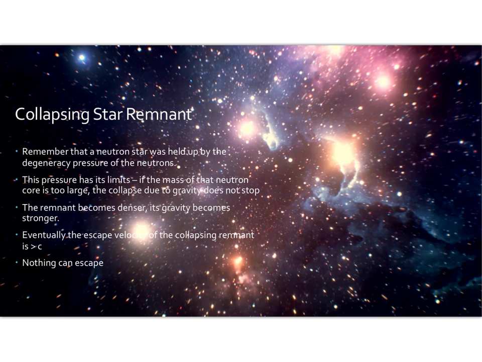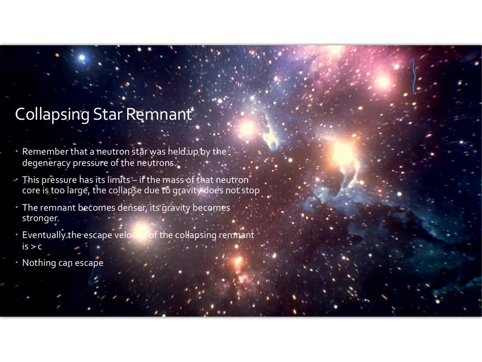But just like could happen for a remnant from a smaller star that was too massive to live as a white dwarf, you could have a remnant of a massive star where basically too much stuff was left in that core of neutrons for the pressure of the neutrons to hold up against the force of gravity, which is trying to collapse it.